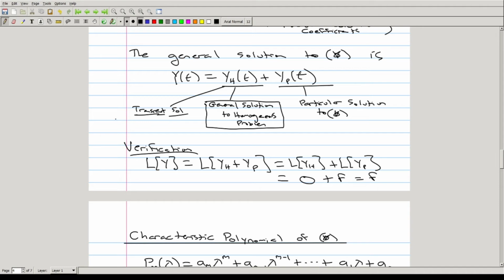Right? So in case 1 from before, YH of t goes to 0 or dies out as time gets larger and larger. So what's left over is just the important thing, which is the particular solution, which is sometimes called the steady state solution in the case that YH goes to 0.